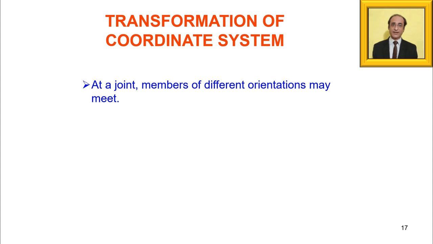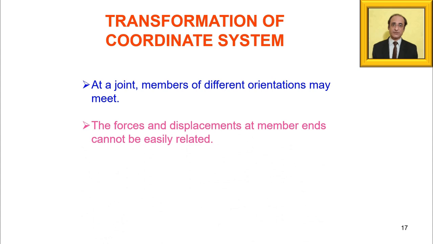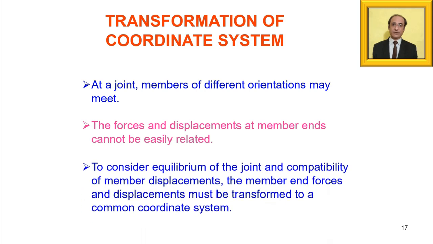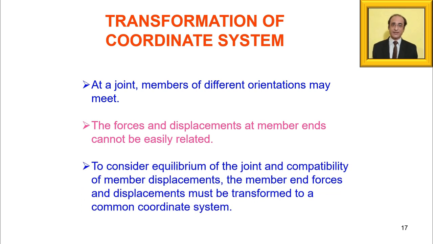At a joint we can have members in various orientations. So we have member end forces. So all the member end forces have to be under equilibrium. Right? Joint should be under equilibrium. So to enforce that, we have to transform all the member end forces to the same coordinate system.